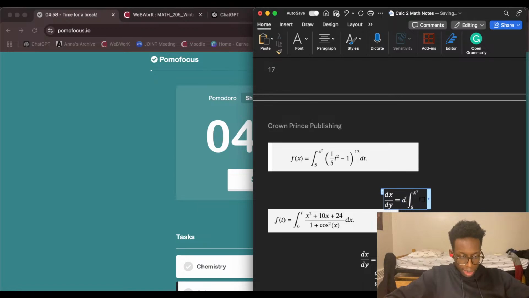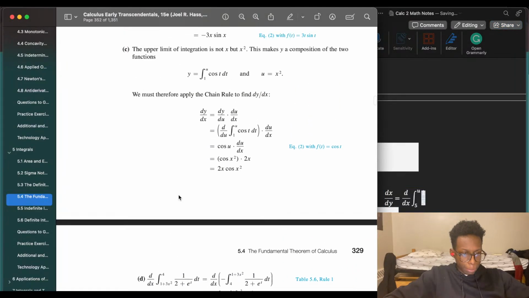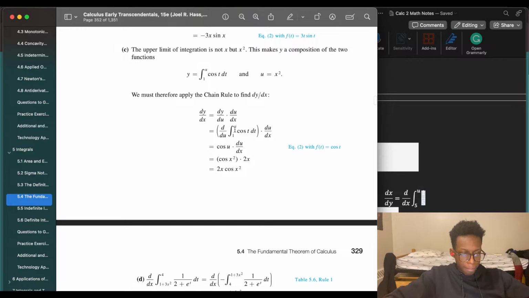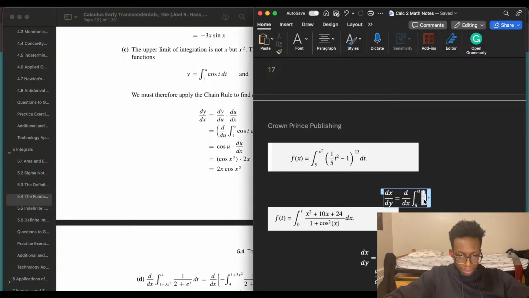So let's put a d over dx here, and then put a u over here, u, and then put a 1 over 5. And then do you put a u there? Let's just check. Yeah, you put a u right here. No, you don't put the u yet, so just leave it. Just leave the thing as it is.